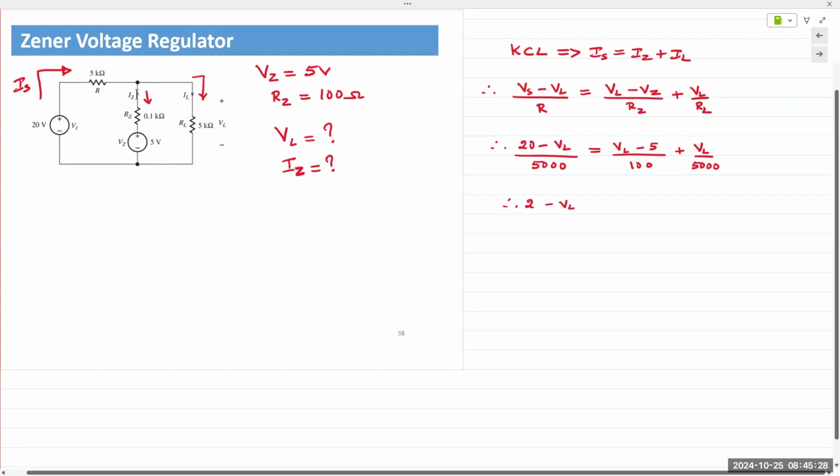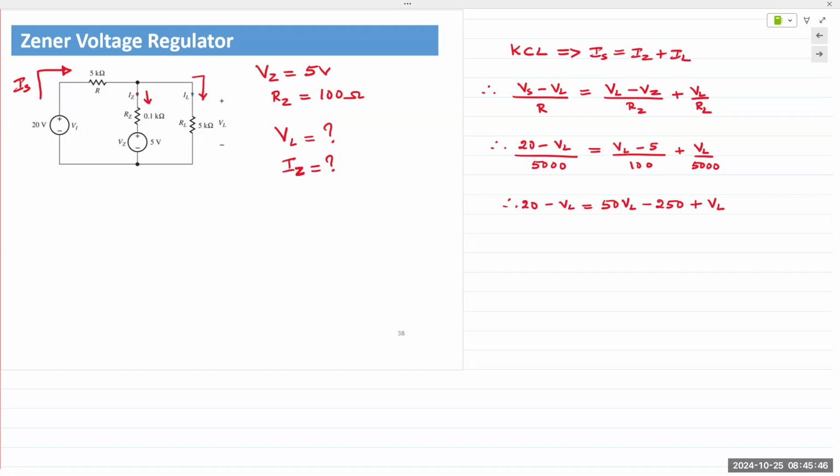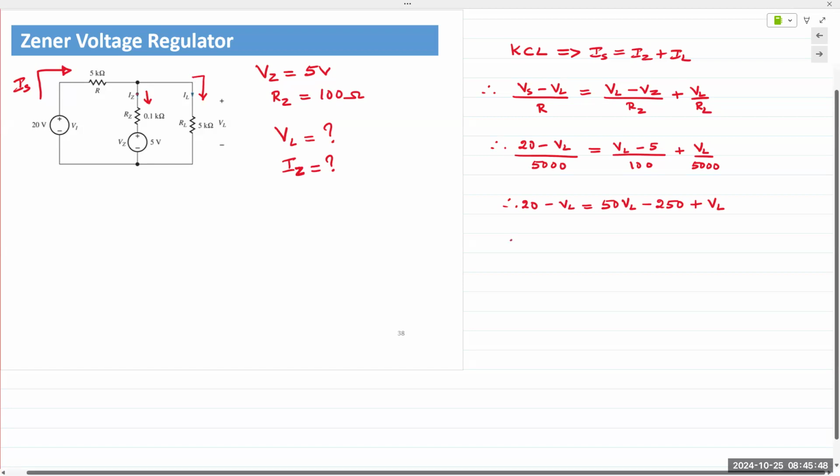So if I multiply everything by 5,000, I would obtain 50 VL minus 250 plus VL. We rearrange the terms and solve for VL.